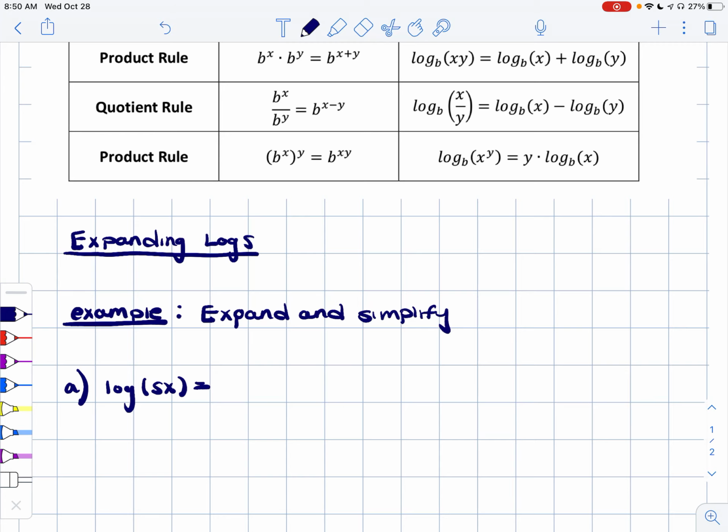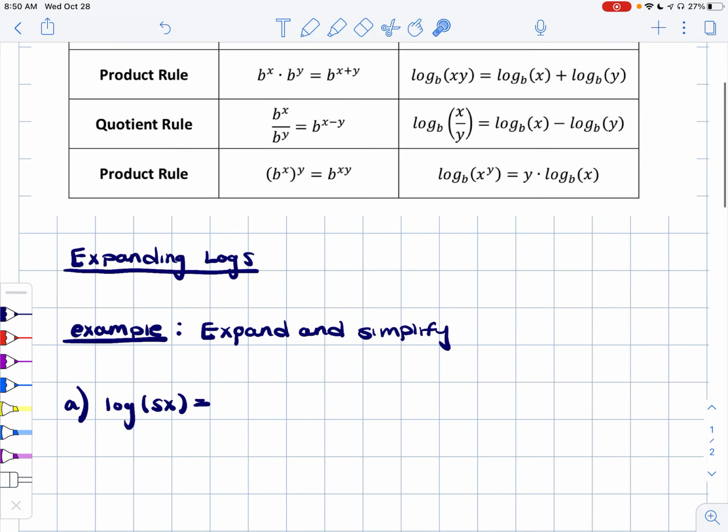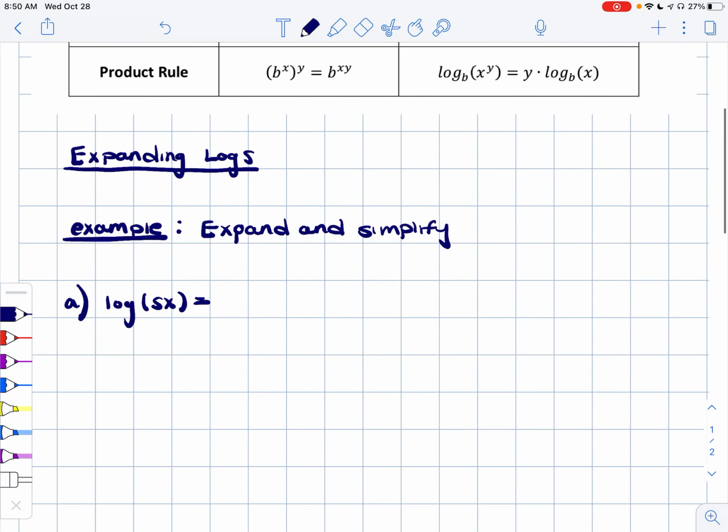In here, the 5 times the x is a product. Whenever we have a product, we can split it up as a sum. So this would turn into the log of 5 plus the log of x. So we're changing our product into a sum of logs.